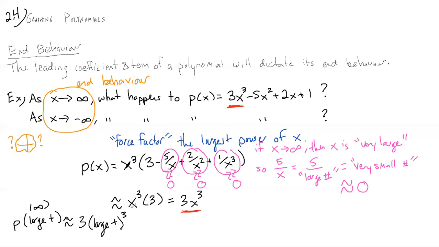So if I cube a positive, what I'm going to get is a positive. And if I cube a large positive, I'm going to get a much larger positive. So as a result, what I will get is a very large positive, which would be basically infinity.